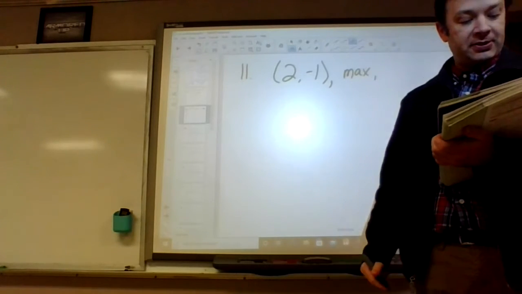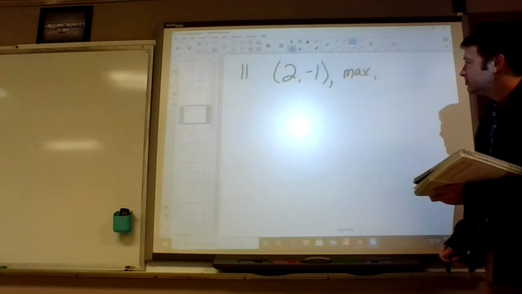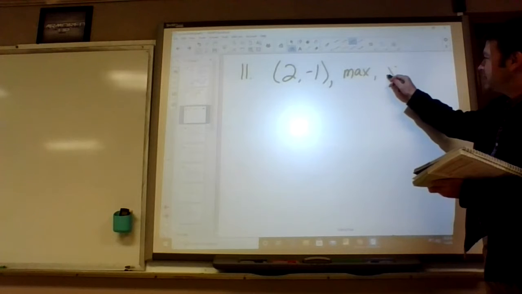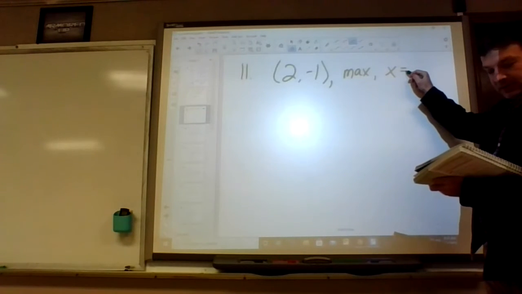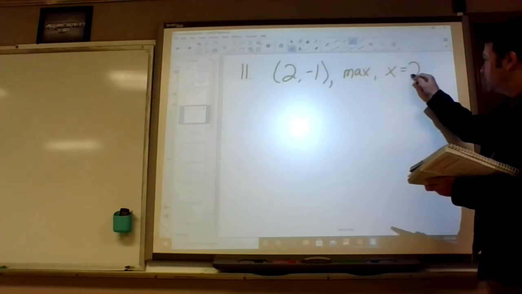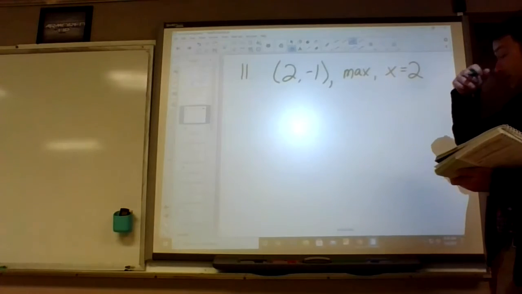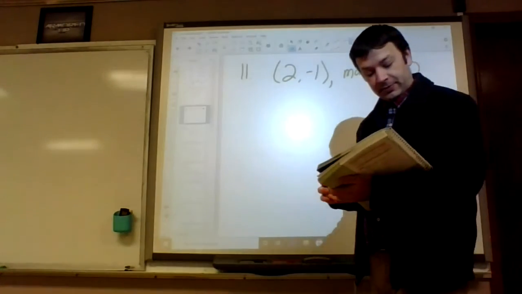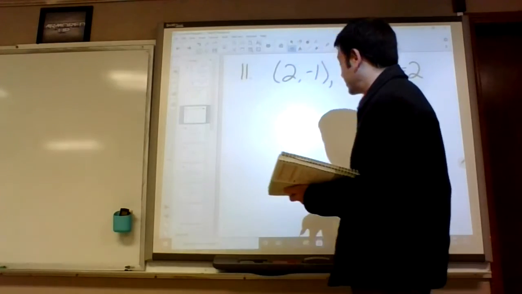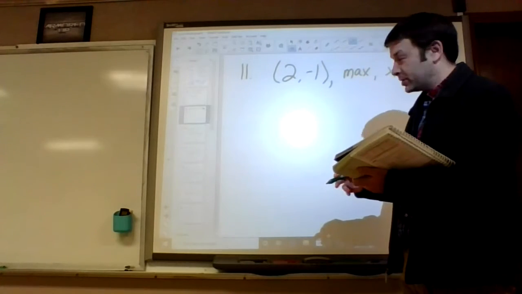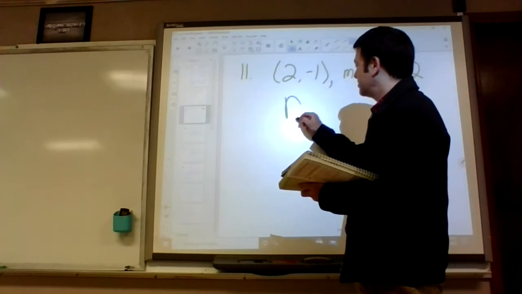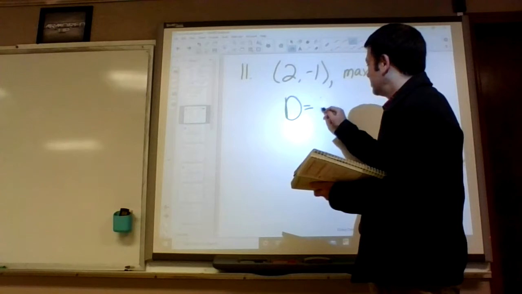What is the axis of symmetry? It's not negative this time. Right. So it's on the right side of the graph, so it's x equals positive 2. What's the domain? All real numbers.